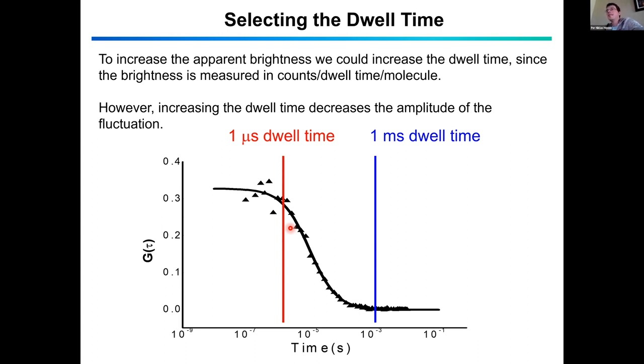To overcome this problem in camera-based systems, you can use stroboscopic illumination. You flash the sample very fast, exciting only for a period of, let's say, 100 microseconds or so, which is faster than the molecules can move between pixels, to avoid this kind of motion blur.